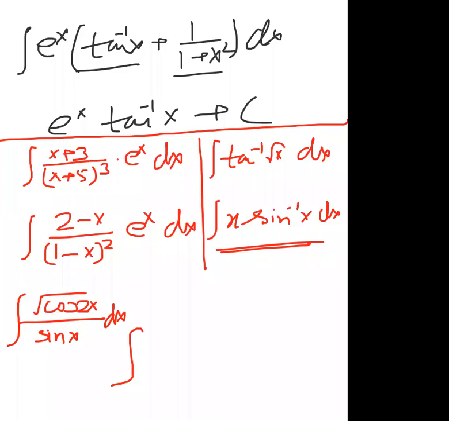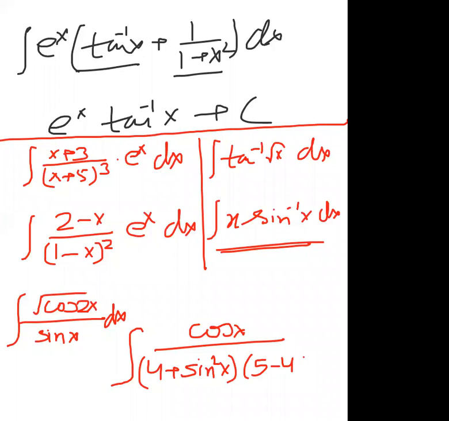Integral cos x upon 4 plus sin square x into 5 minus 4 cos square x dx.